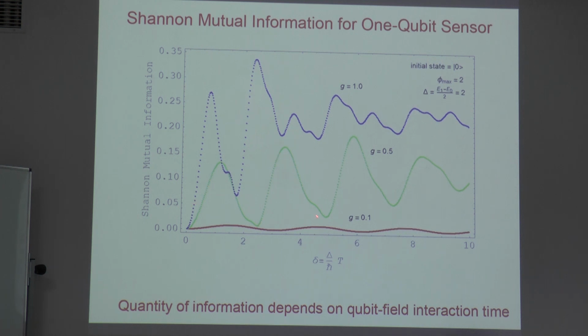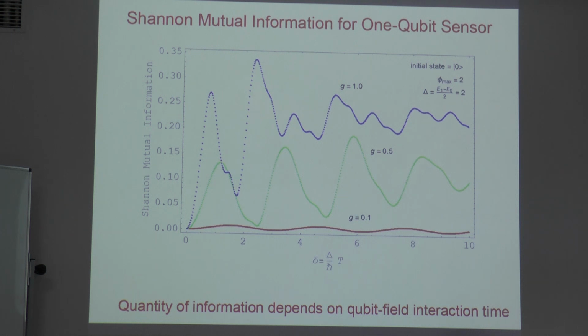The information content changes with interaction time. So you don't want to interact over this time because you get very little information. You'd want to interact, say, here over that time because you get much more information. And these are oscillations in information. They are not oscillations in interference. So it's some kind of an interference, but in information.